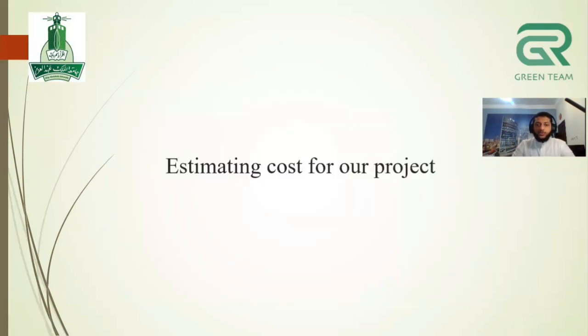And now we will try to estimate the cost for our project, and we will use bottom to up estimating, where we will take the activities and estimate the cost for each activity to find the final cost.